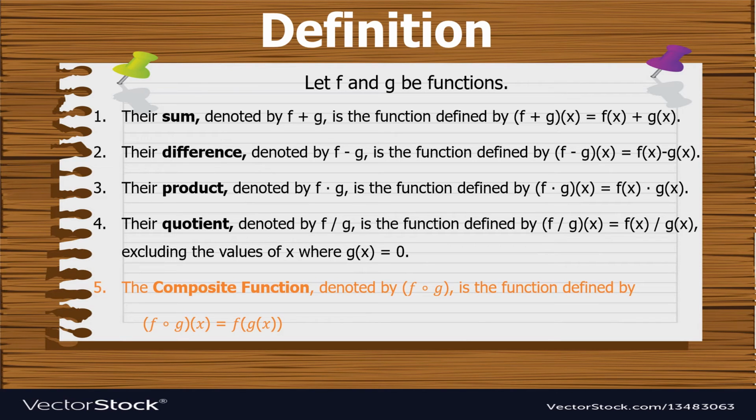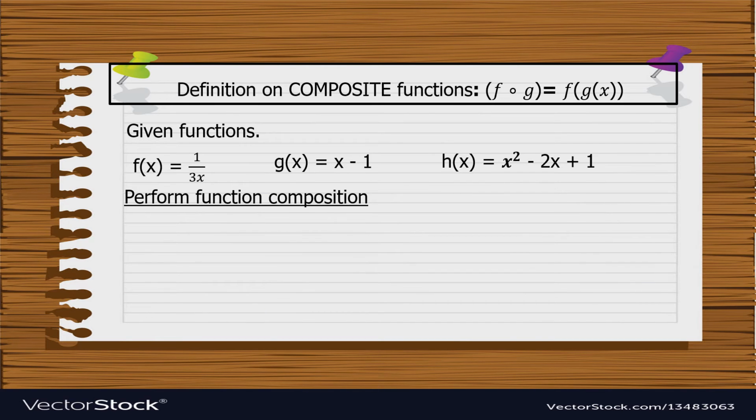For the last, we will now be discussing the composite function, denoted by f composed with g, which is the function defined by f composed with g of x equals f of g of x. For the next task, you need to operate on composition of functions.